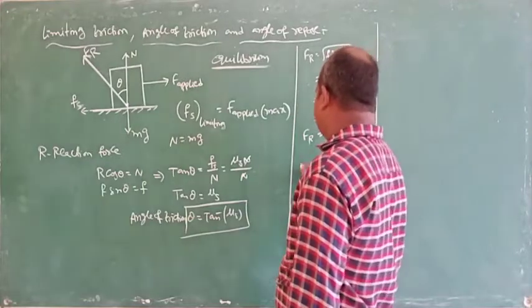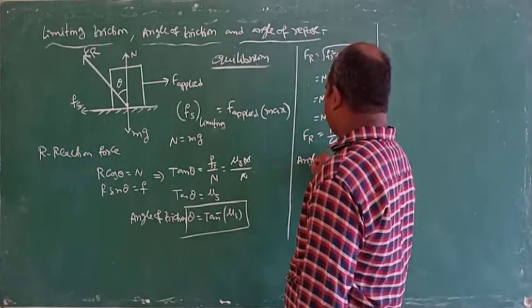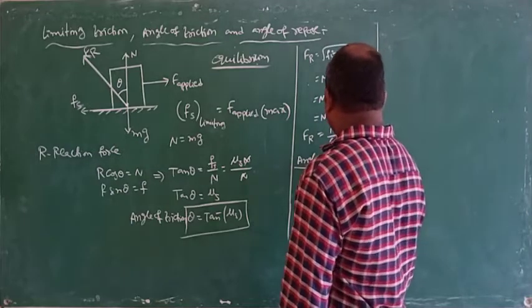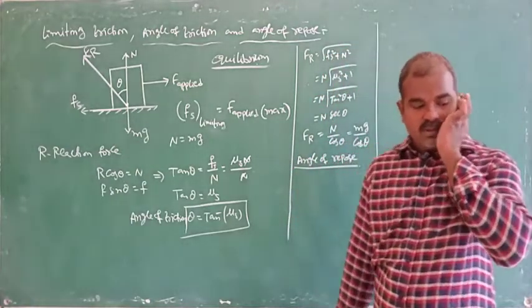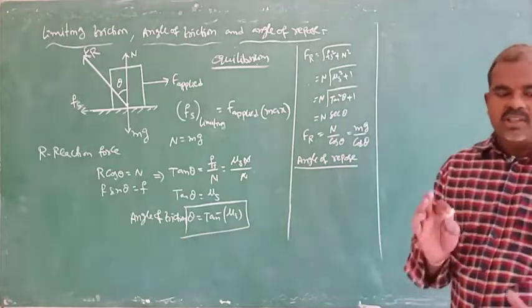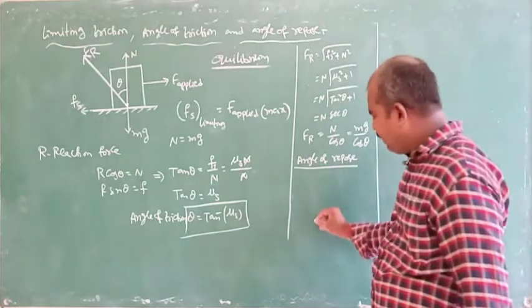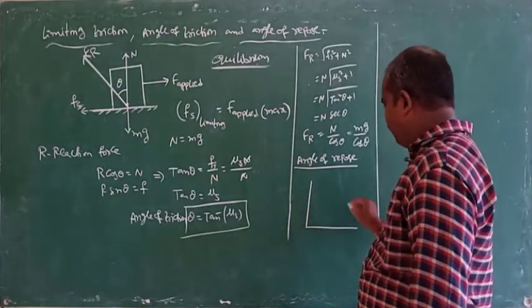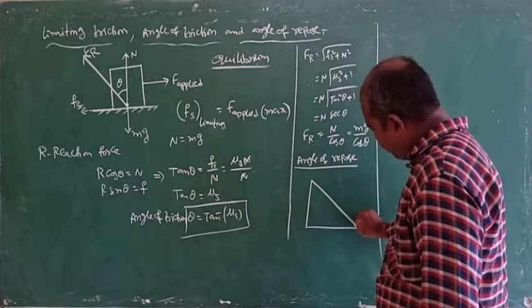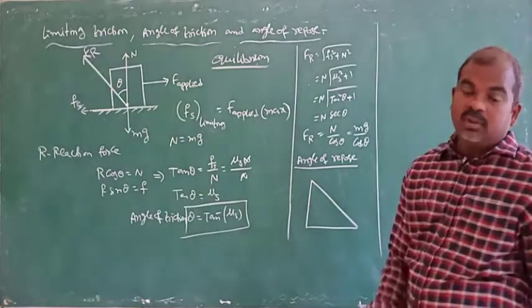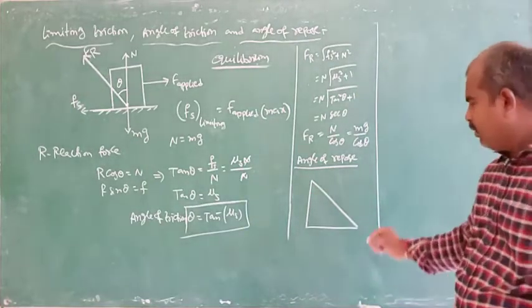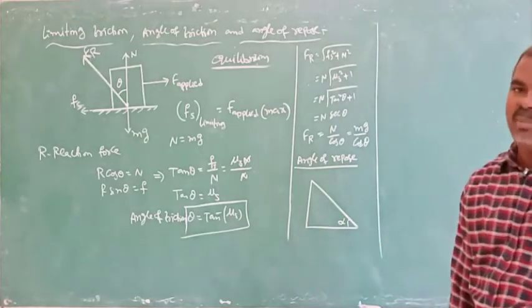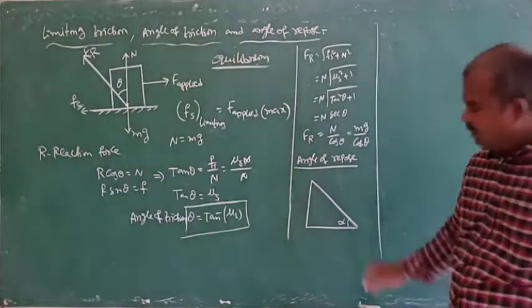And the next one is angle of repose. Angle of repose means when an object is placed on an inclined plane of inclination alpha.